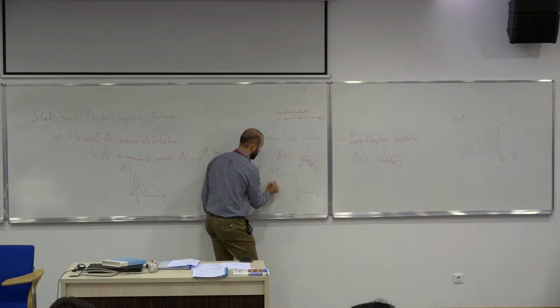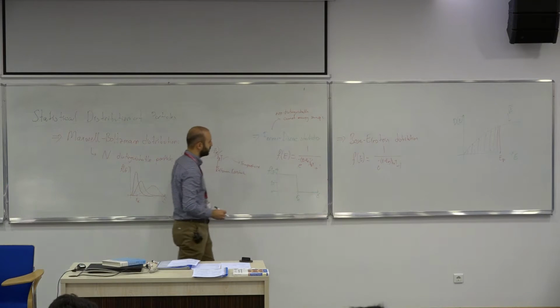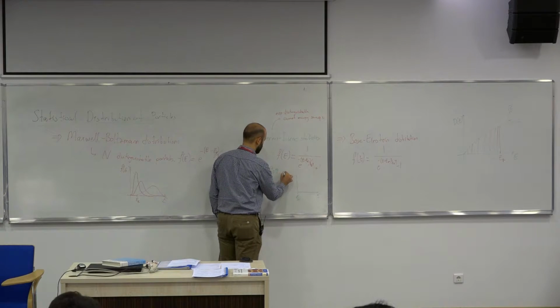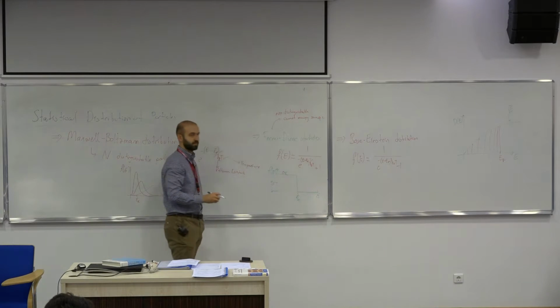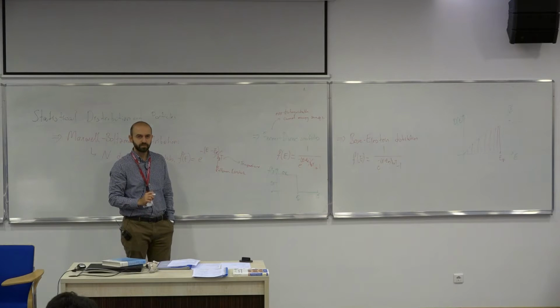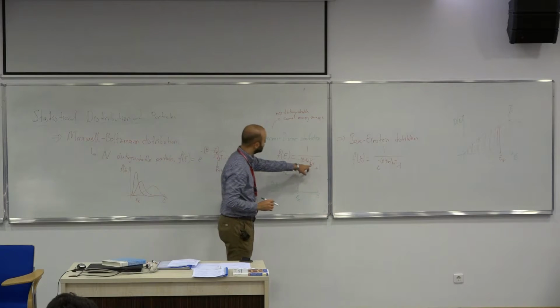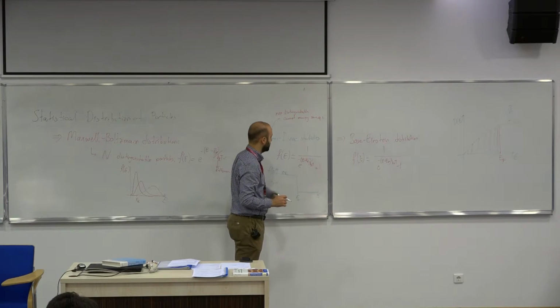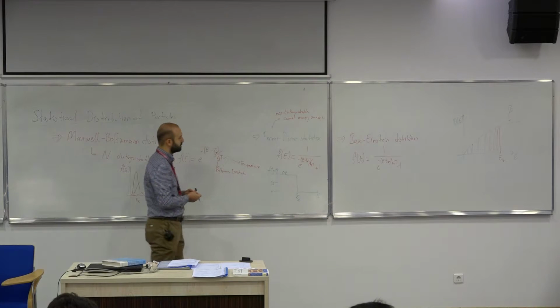Let's say this is 0.5. This is 0. So this is the case for 0 Kelvin. If you take the limit of T that goes to 0, you can see that below EF it's 1, above EF that becomes 0.